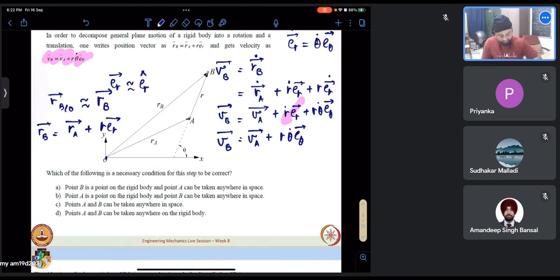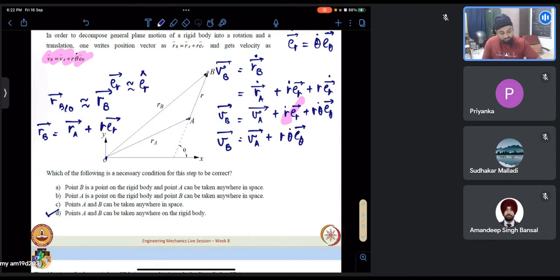Actually, the correct answer is D, because we are saying that points A and B can be taken anywhere on the rigid body. What is the definition of a rigid body? That two arbitrary points taken on that rigid body, the distance between them remains fixed.